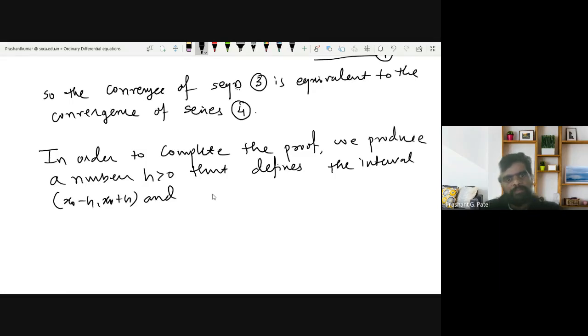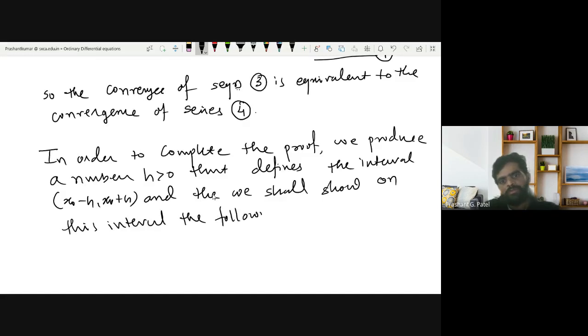And then we shall show that on this interval the following statements are true.